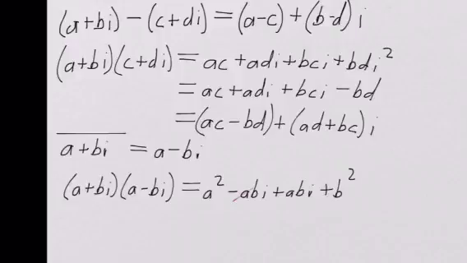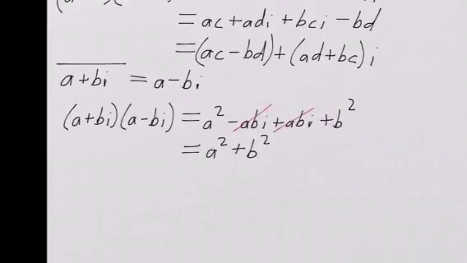Well, now minus abi and plus abi cancels out, so I'm left with a squared plus b squared, which is a real number. So it's going to be multiplying by the conjugate of the denominator in both the numerator and denominator. That's going to be key to solving these problems.